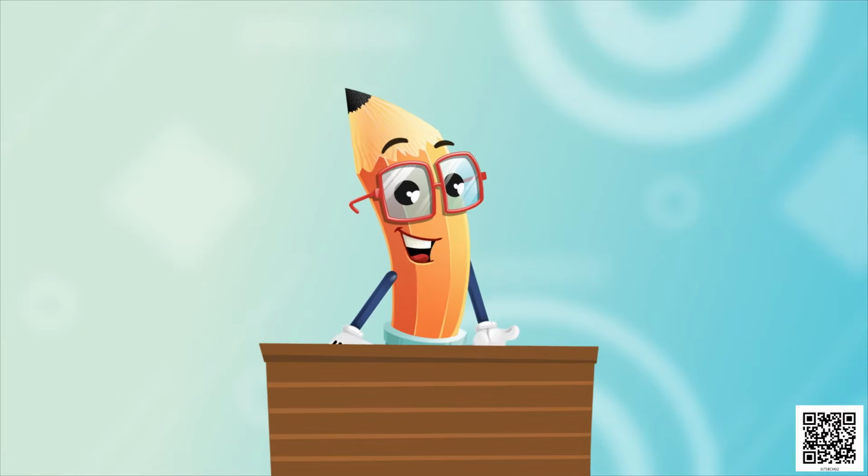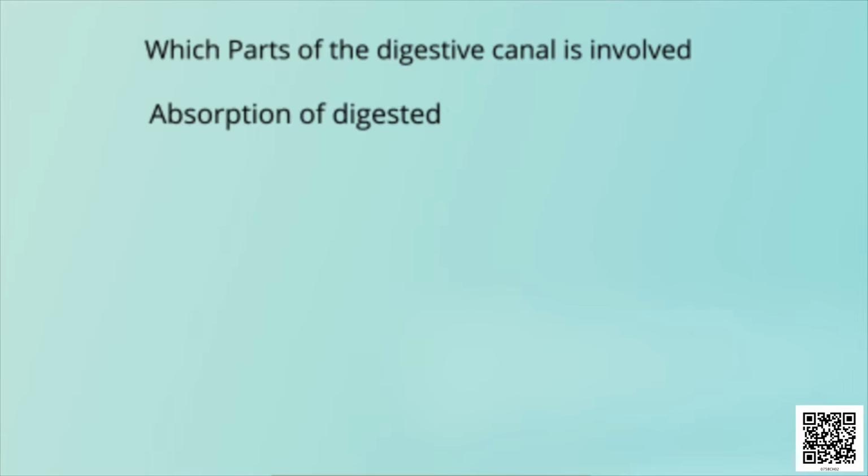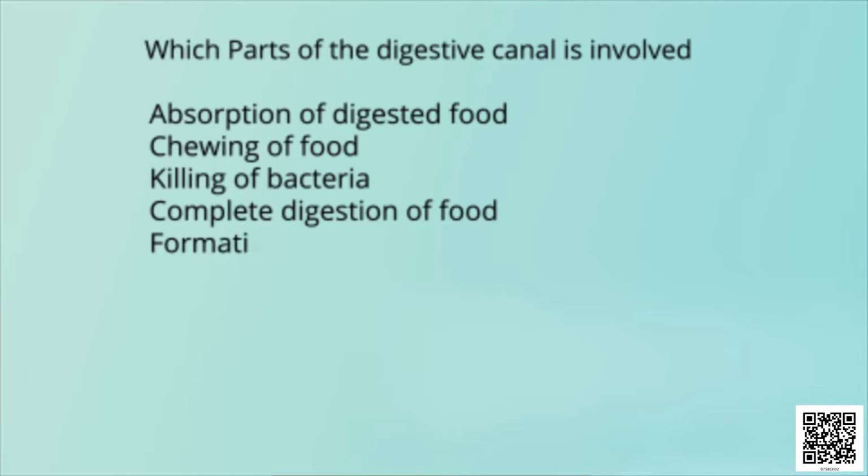So, students, now my next question is which part of the digestive canal is involved in? First, absorption of digested food. Second, chewing of food. Third, killing of bacteria. Fourth, complete digestion of food. Fifth, formation of feces.